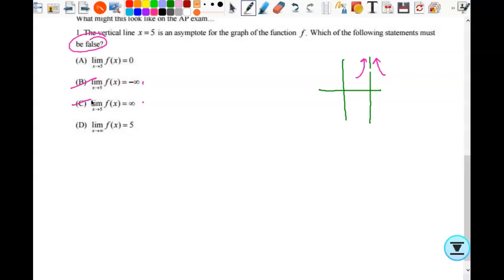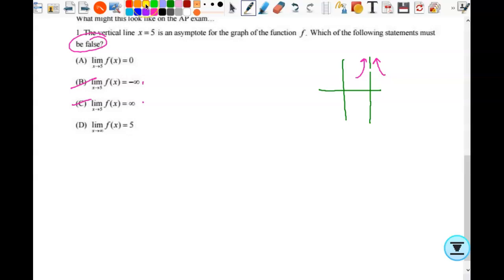This says the limit as x approaches infinity is equal to 5. What is that even talking about? Do you remember our end behavior? As x approaches infinity, way out here, if it's approaching 5, what do I have to have on my graph? A horizontal asymptote. Very good.